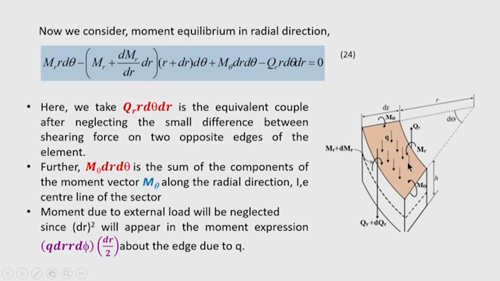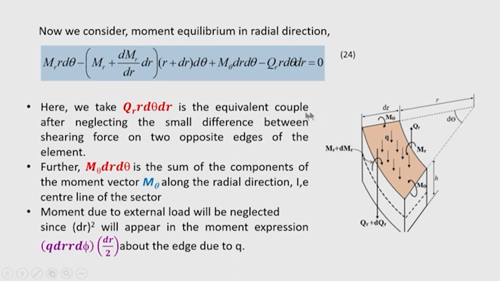So, it produces a couple. So, we take advantage of this small value of dq_r. Therefore, we have stated that q_r r dθ dr is the equivalent couple after neglecting the small difference between the shearing force on the two opposite edges of the element.